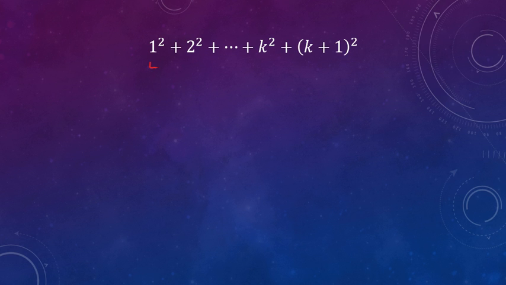I assumed in step 2 that everything that's in red there, everything except that final term, is equal to some nice particular thing. I assume that it's equal to k times k plus 1 times 2k plus 1 all over 6.